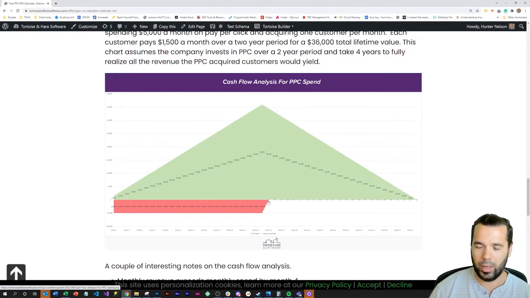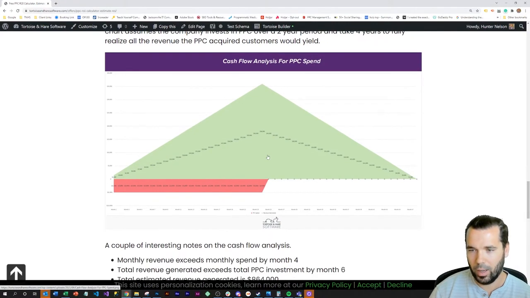They pull the plug on their PPC campaign in year 2, and that starts to go down. If they didn't pull the plug, it would just continue to grow over time. But you can see that this is roughly a visualization of the front-loaded cash flow and growth of revenue over time, for how all that flows.